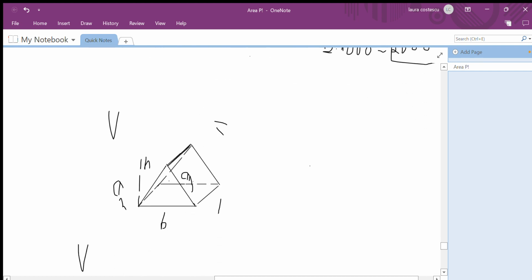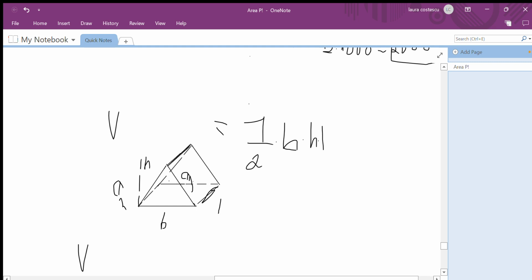So what about the triangular prism? Or yeah, this is what it's called. It's complicated, isn't it? It has to be hard. It's 1 over 2 times b, which in our case will be this one, so the base, times the height. This will be our height, you can see it, times the length, which is this one here.